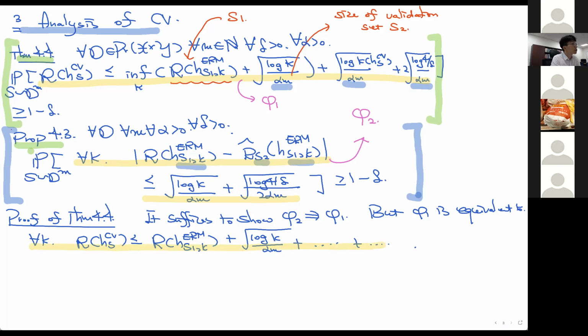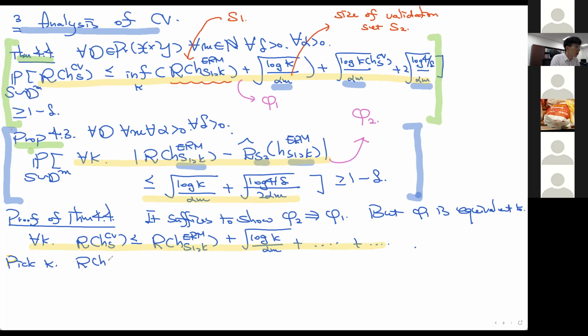To show this is not actually very difficult. We pick k, and then we have to show this inequality, and then we just do the calculation.